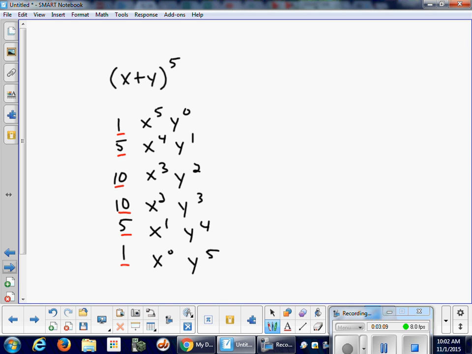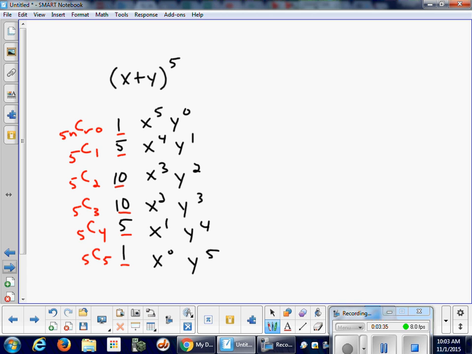And as we've learned, we could call this 5 NCR 0. Now the mathematicians don't write the N and the R. That's calculator notation. So we could call this 5 choose 1, 5 choose 2, 5 choose 3, 5 choose 4, and 5 choose 5.